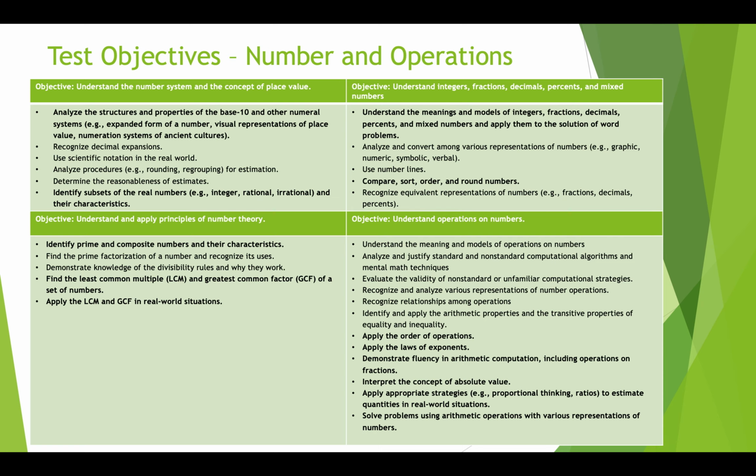The second objective is looking at your understanding of integers, fractions, decimals, percents, and mixed numbers. So they want to know whether you understand the meanings of these and the models, and then also whether you can compare, sort, and order these numbers.